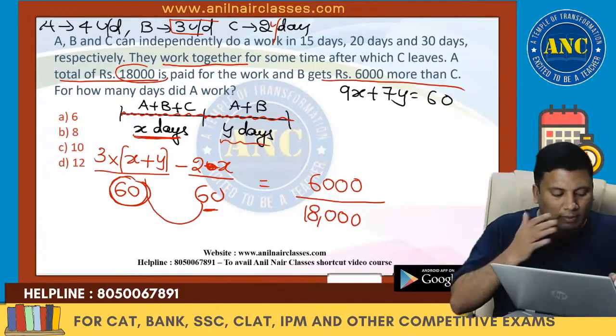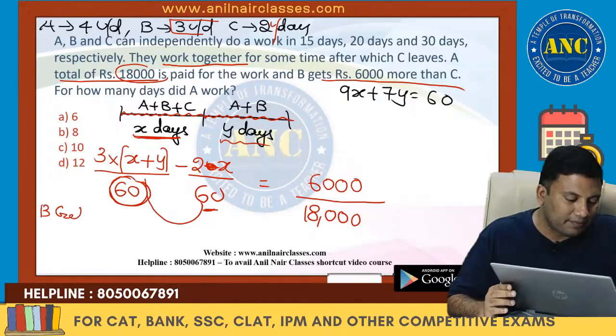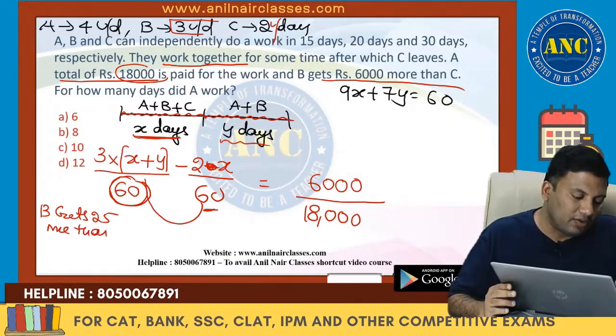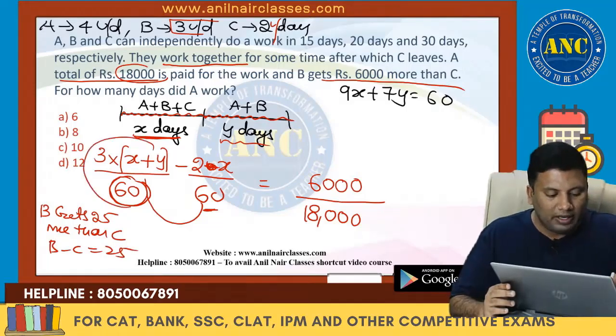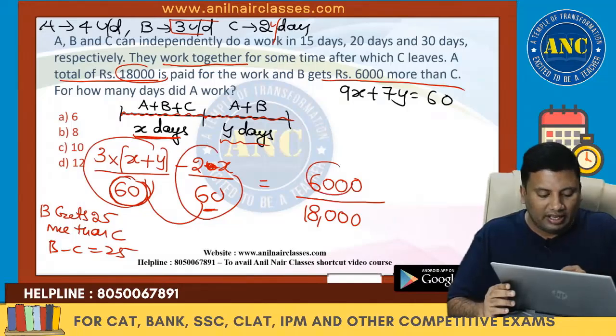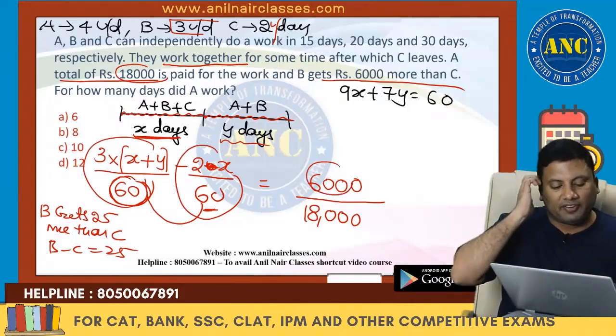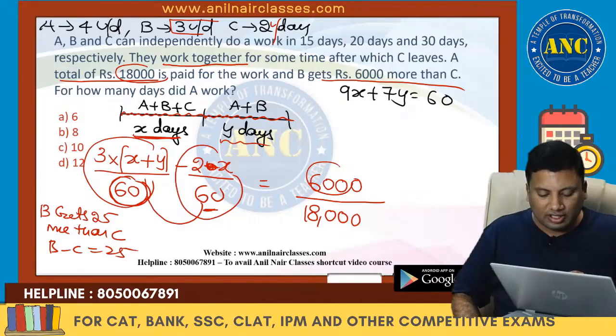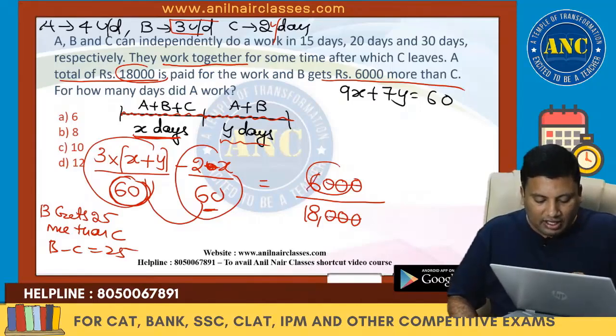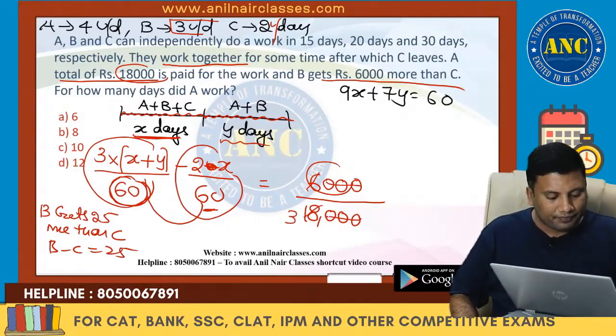Suppose B gets 25 more than C, what is that equation? B minus C is 25, right? So B minus C is 25. Total for 60 units it is 18,000. 3 cancel. This is nothing but 1 by 3.